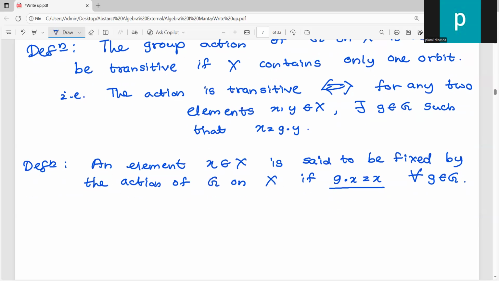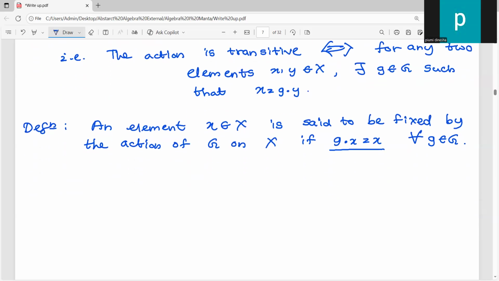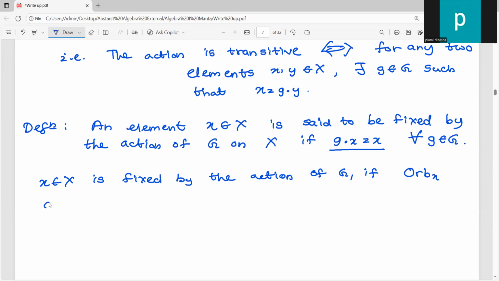So let me write: X in X is fixed by the action of G if the orbit of X contains only the element X. Why do we have that?